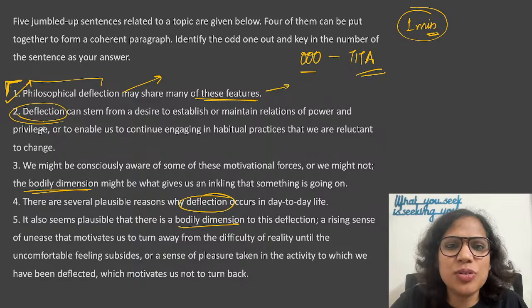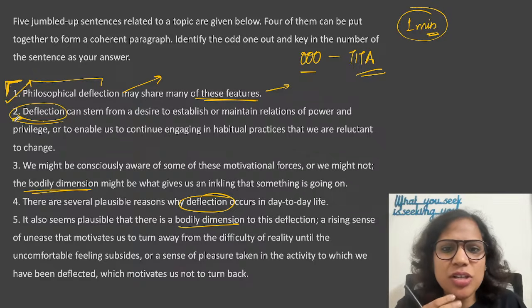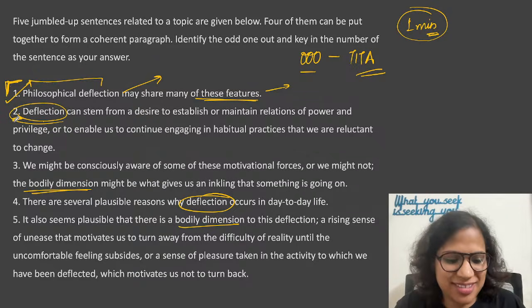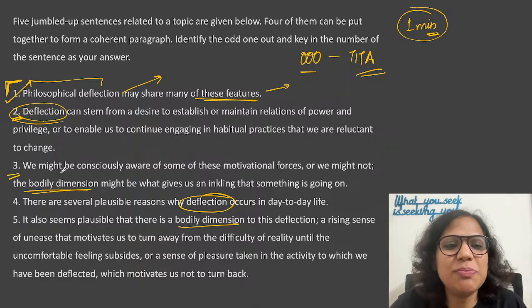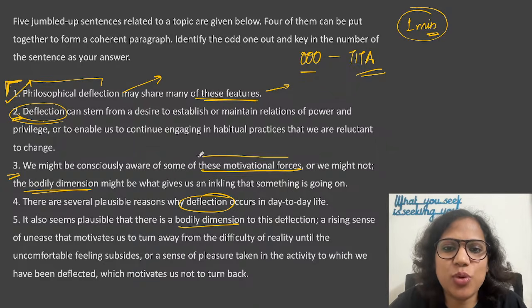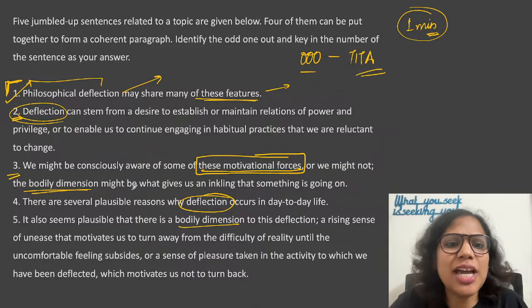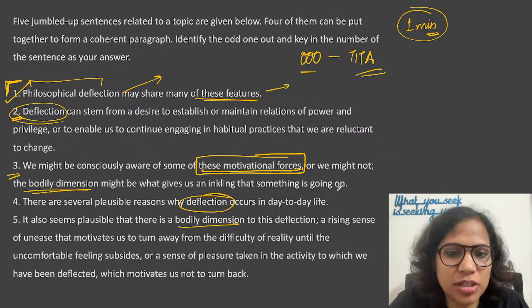Okay, so now what does 2 relate to? Philosophical and motivation. Okay, and chose motivation. All right, so let's see how 3 is related. We might be consciously aware of some of these motivational forces, or we might not. The bodily dimension might be what gives us an inkling that something is going on, right?